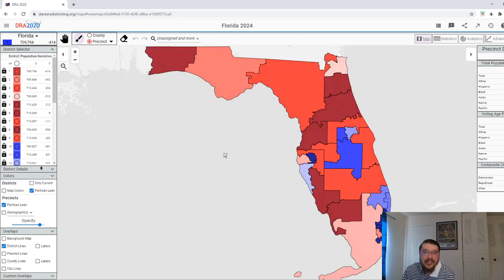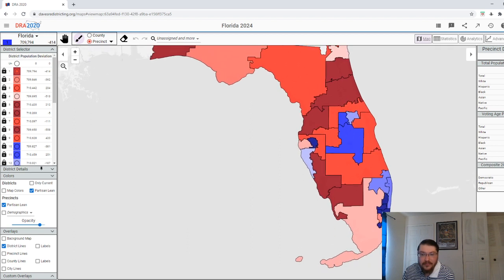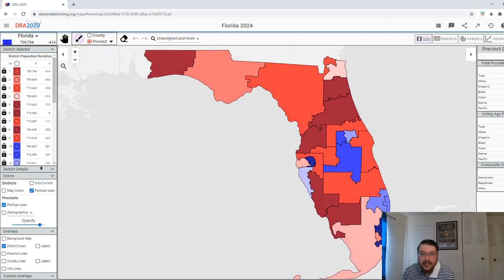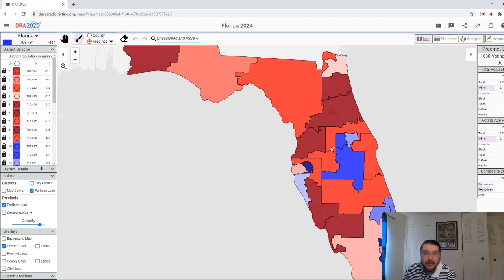But as you can see, it's also very difficult to draw Florida without going crazy. And I tried to vaguely keep districts connected to each other. If I put where's the map overlay? There we go. And it doesn't really help. But let's go ahead and zoom in.